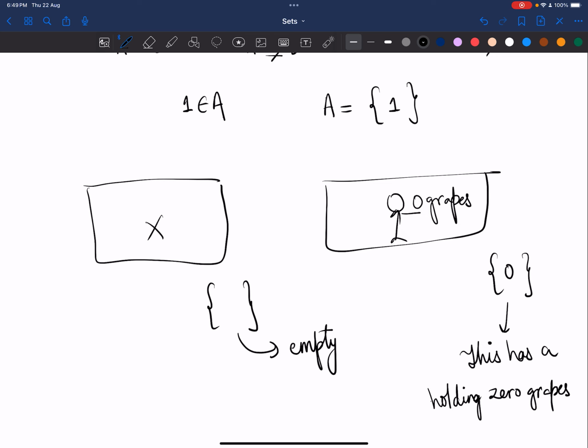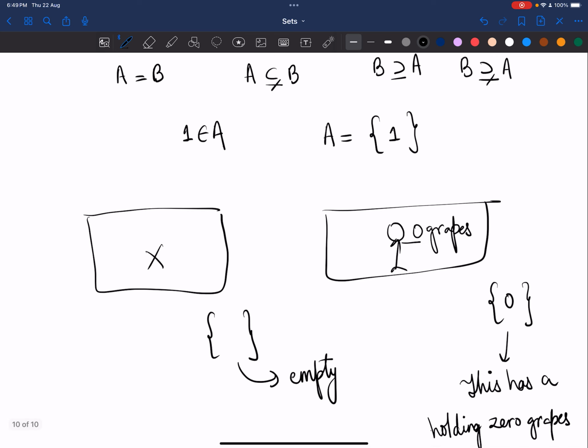The point I'm trying to make is that the situation of having 0 grapes has a position in this room. You can have 0 grapes and you're still in the room. That is, the situation of having 0 grapes has a position.